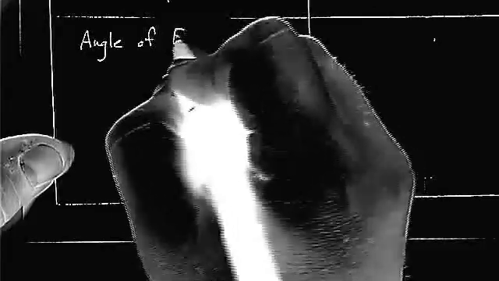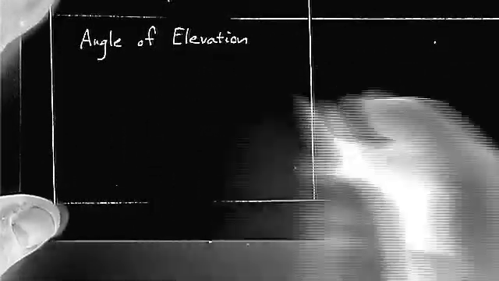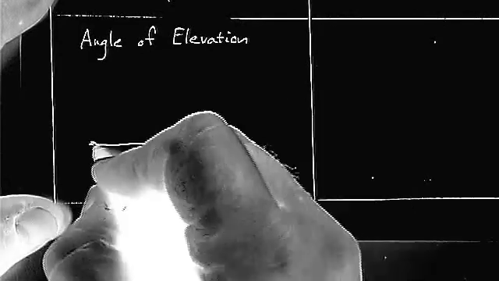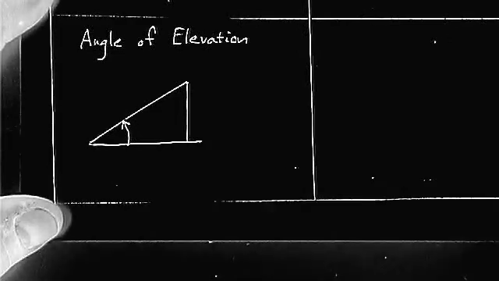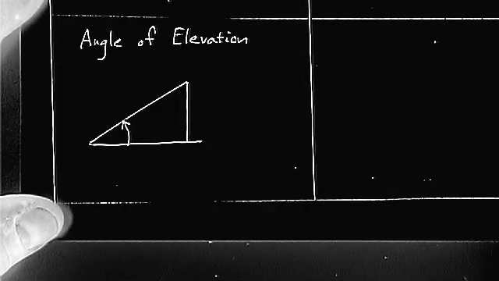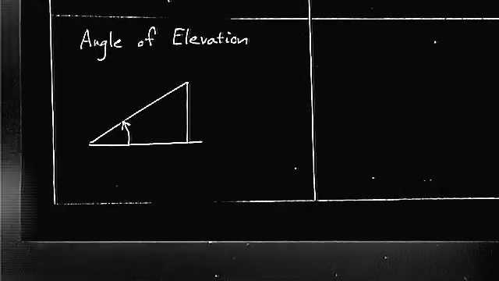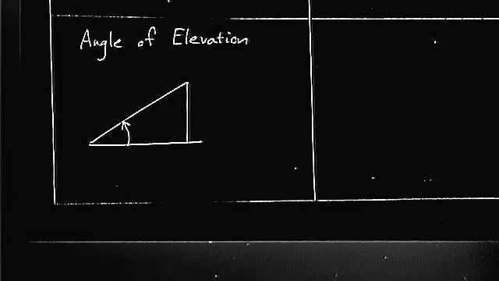In a story problem, when you're talking about angle of elevation, angle of elevation is measured from the horizontal up. Usually like when you're standing on the ground and you're looking at the top of a building or a mountain or something like that.